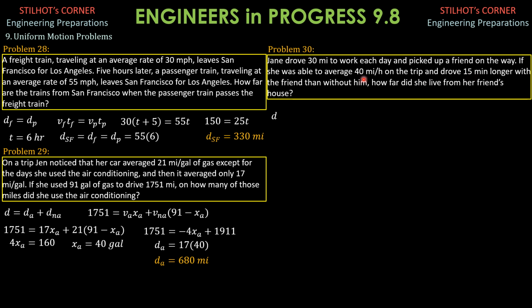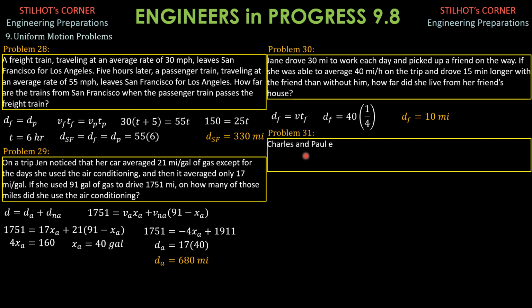So distance of the friend's house from Jane's house is V times TF, the time when Jane picks up her friend, and that's the extended time, which is 15 minutes longer or 1/4 hour. So 40 times 1/4 is equal to 10 miles. So that's it.